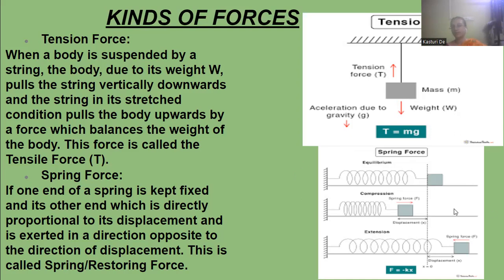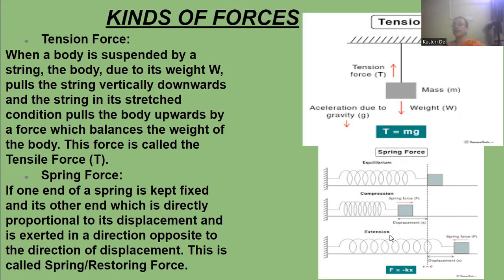From the picture you can see one end of the spring is fixed and the other end has an object. The object, due to its weight, will stretch the spring. And the spring will have a force which will pull it back towards itself.